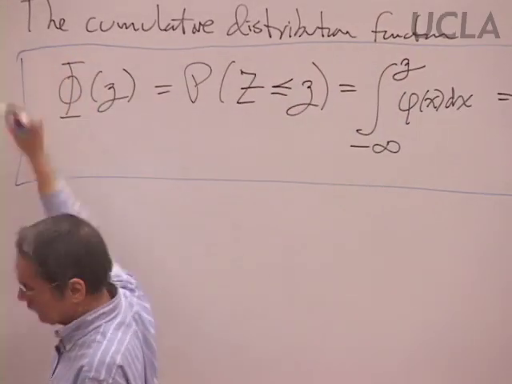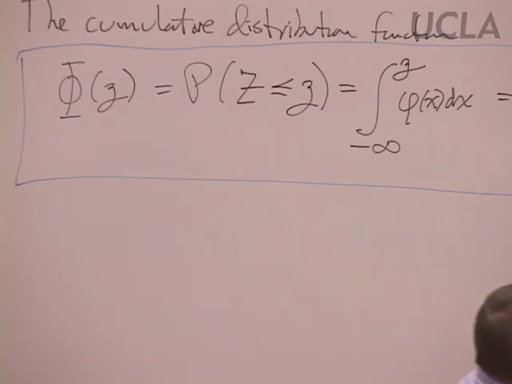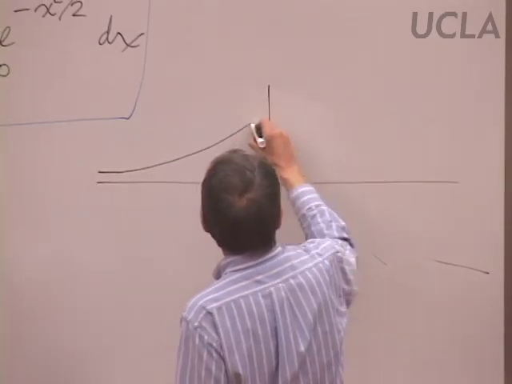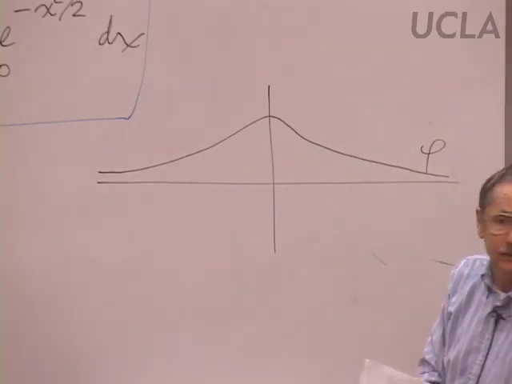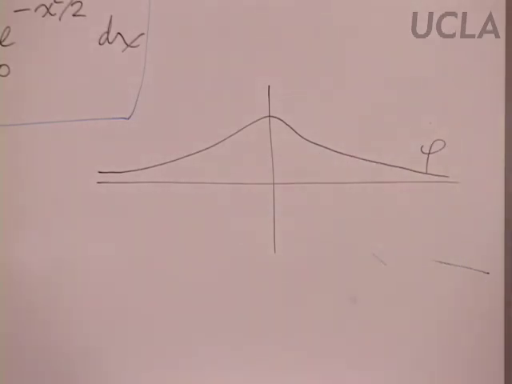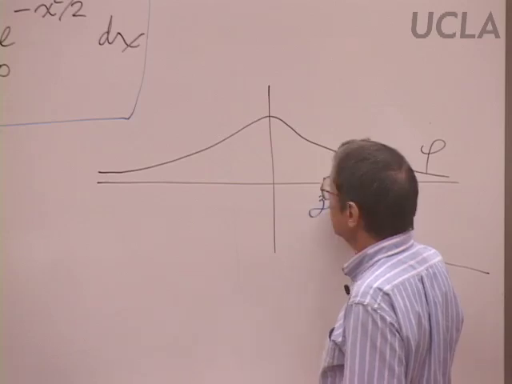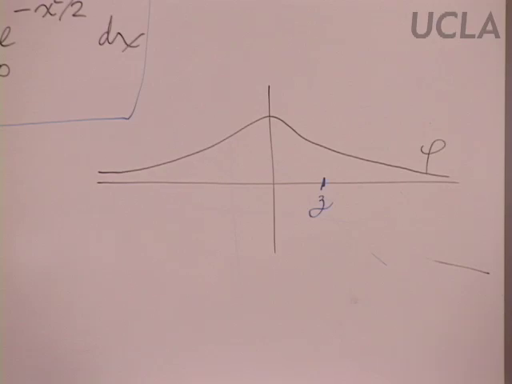Well, that gives us an equation for it, and the picture: lowercase phi gives us the bell curve, and capital phi for some number z is the area under this curve from minus infinity up to z.